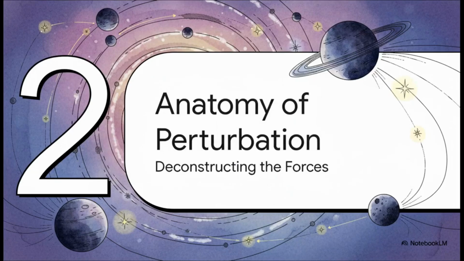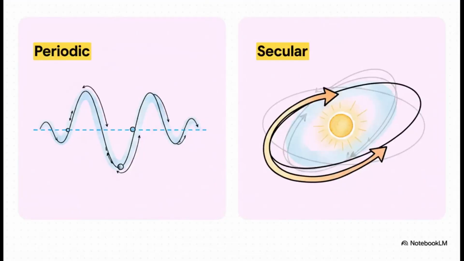So, now that we have a sense of what a perturbation is, let's deconstruct it. Let's get into the physics of these deviations and examine the forces that are actually at play. We can classify perturbations into two main types. On the left, you have periodic perturbations. You can think of these as cyclical oscillations, a bit of a back-and-forth wobble.